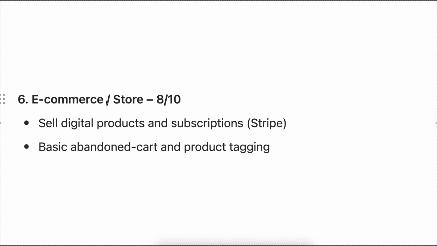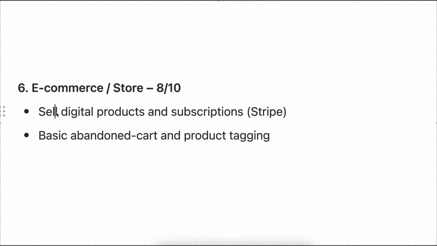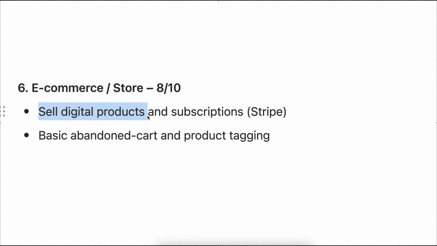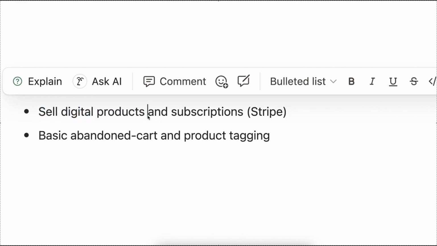When it comes to e-commerce, you have all of the basic integrations with WooCommerce, Shopify, all that. And also, MailerLite actually allows you, even if you don't own any store, to basically sell digital products just by using MailerLite.